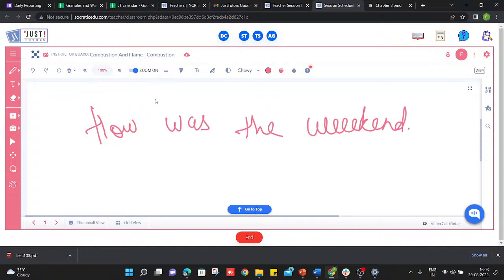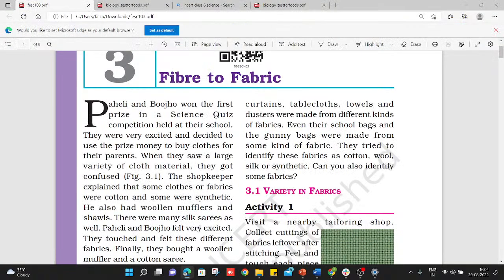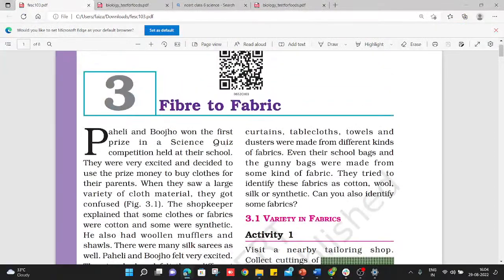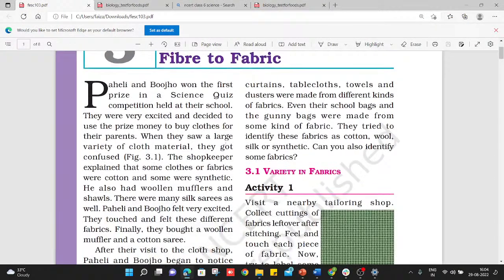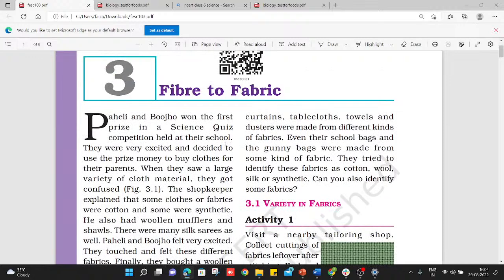Okay, so let us see the topic which we have for today. This is fiber to fabric. This is the NCERT book that we have, so we are going to read from this book and do our topic from it.